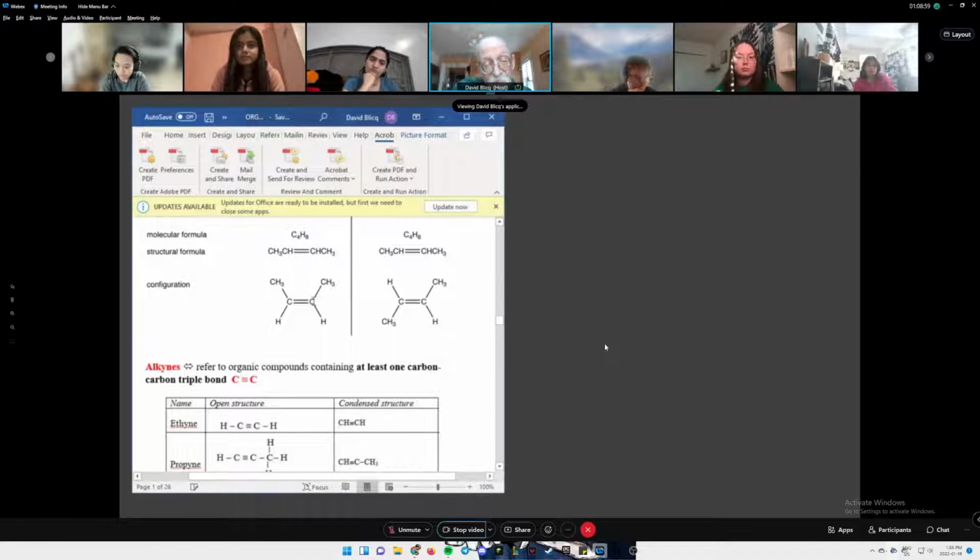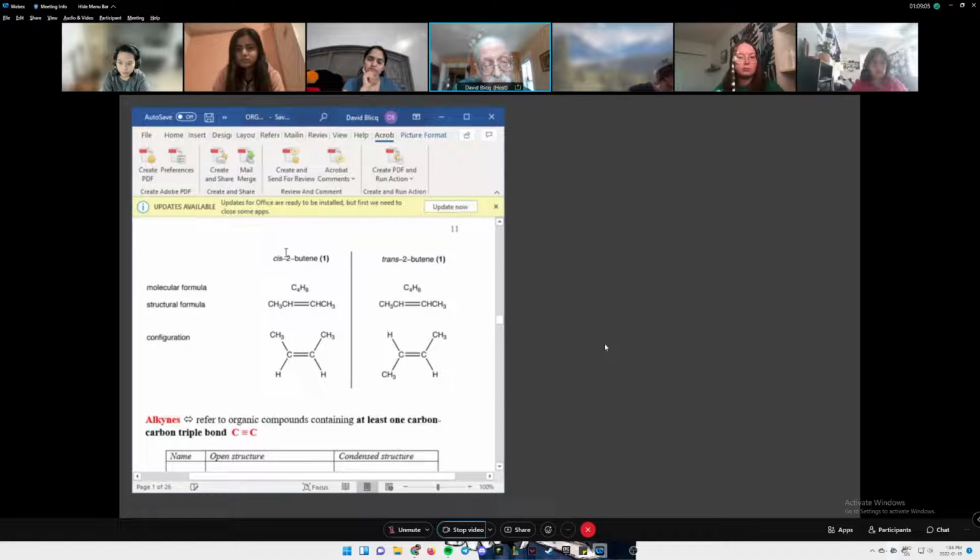These could be attached both on the same side of the bond. That is called cis. Or, just as legitimately, they could be attached above and below the double bond. That is called trans. You're not likely to see it a ton, but you need to know that this is a possibility.